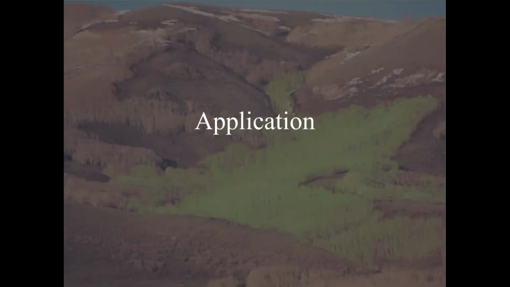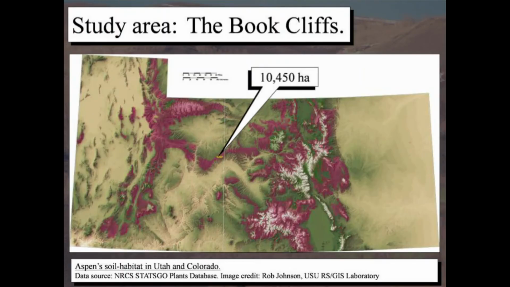So, application of the method. This is a map of aspen soil habitat, binary, over Utah and Colorado. And you can notice that here's the Uintas, and this is the Tavaputs Plateau. We are, I think, somewhere around there, maybe.